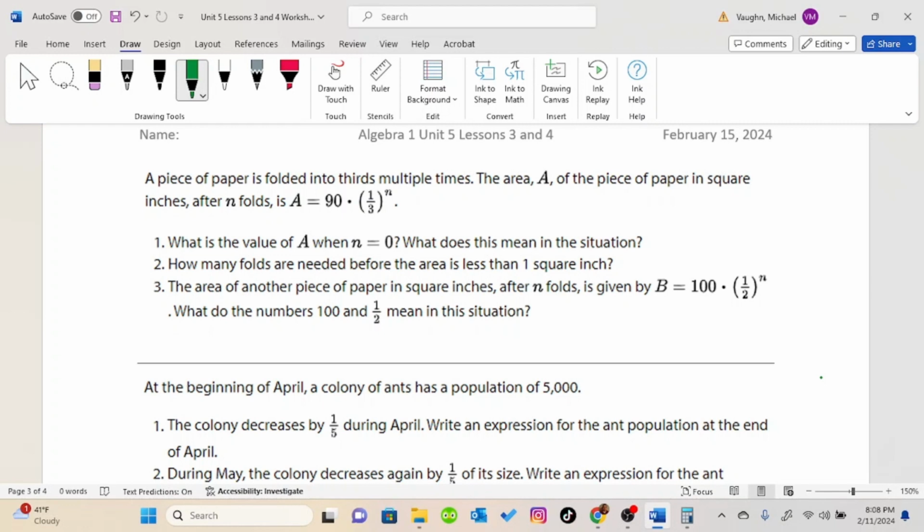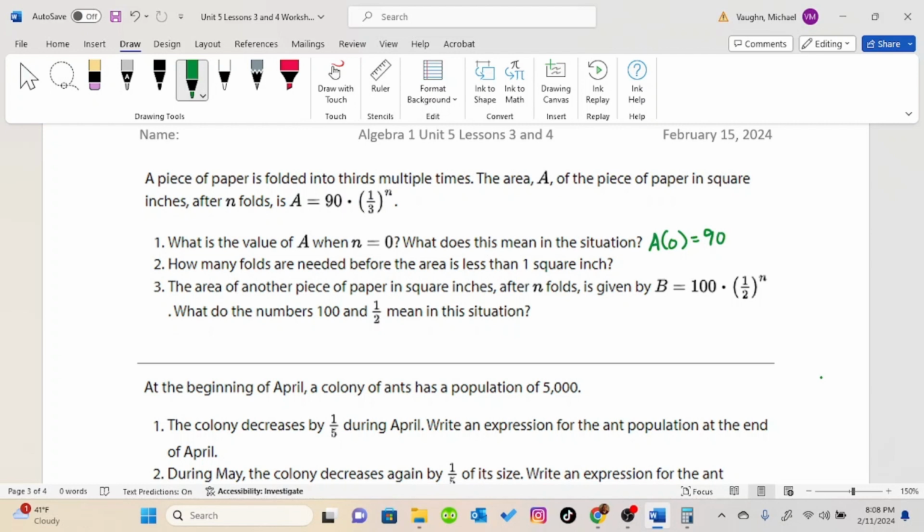Well, n is the number of folds. And if you have 0 folds, then you are still at the original area of the paper. And in this case, that was 90. So A of 0 equals 90.